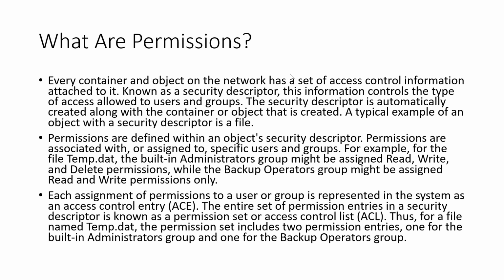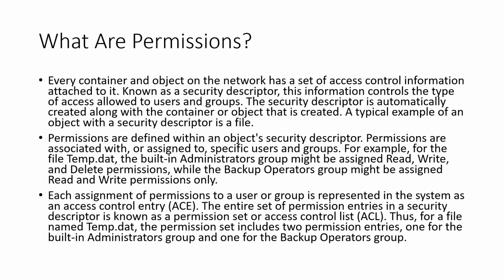All right. So every object that you create automatically comes with a security descriptor that defines who can access it and what they can do with it. So permissions are defined within an object's security descriptor. The security descriptor is going to contain the names of those who can open it and what they can do with it. Permissions are associated with or assigned to specific users and groups.